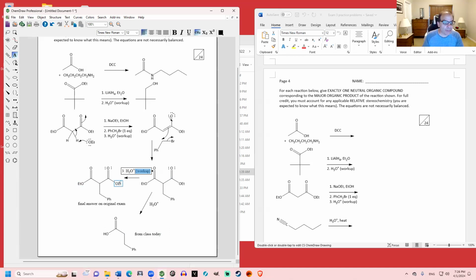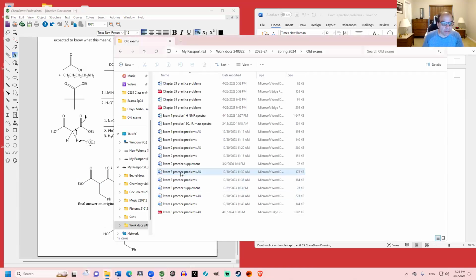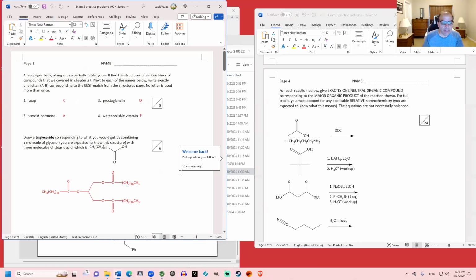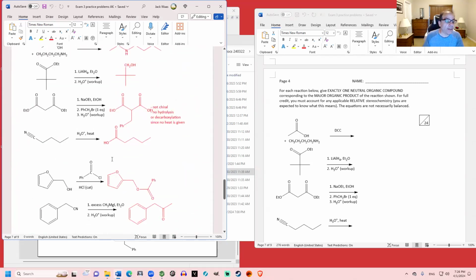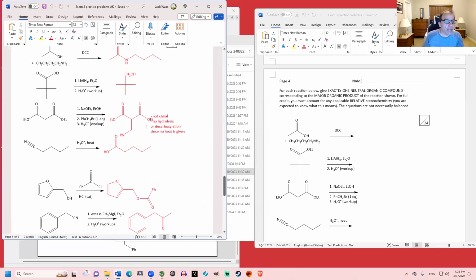So this is the answer, I hope, I'm going to check the answer key again, that I originally accepted. If it doesn't say that, it's wrong again. Yeah, not chiral, no hydrolysis or decarboxylation since no heat is given.